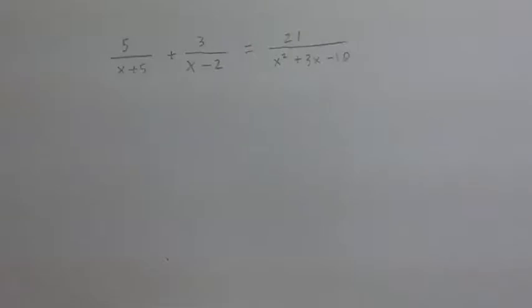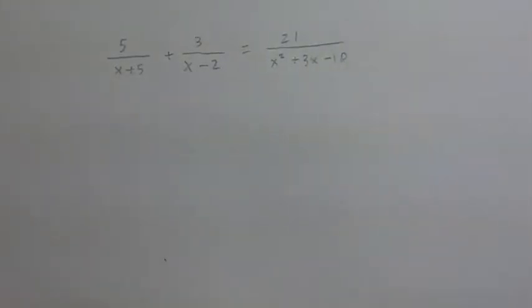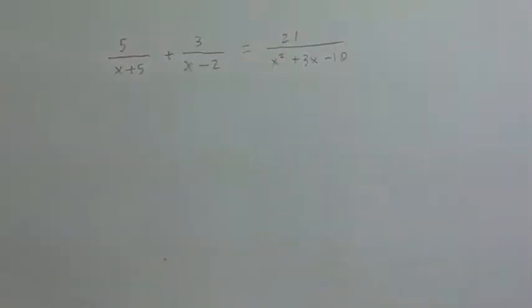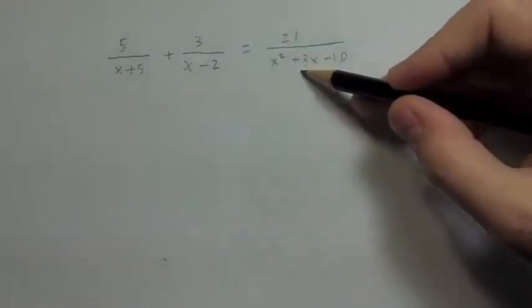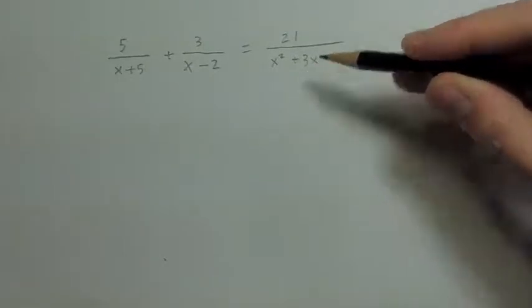Okay, so we're going to start by finding any restrictions on the variable, or finding where the variable, x, will cause division by 0. So to start, remember what our first thing to do is to factor this. Because if we factor this denominator, we'll see very quickly, hopefully, what x's are not allowed to equal. Okay, so let's factor this. I want factors of negative 10 that sum up to be 3.